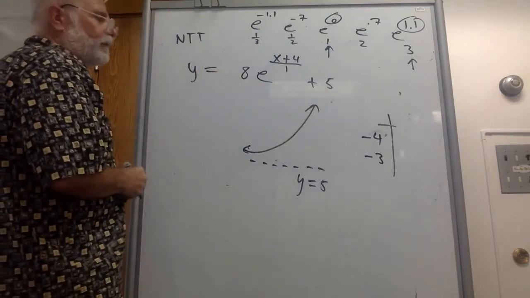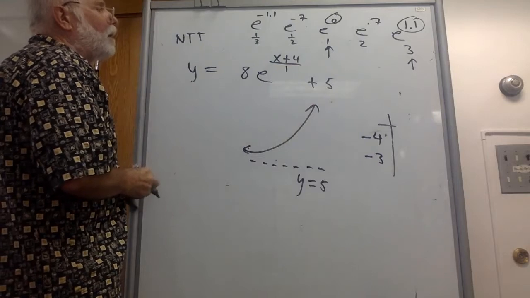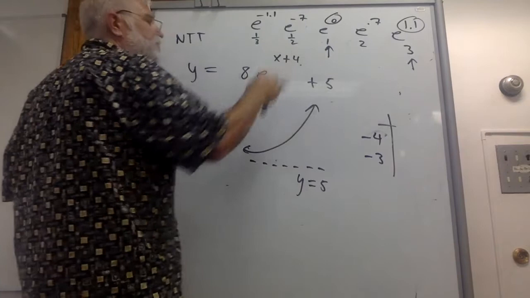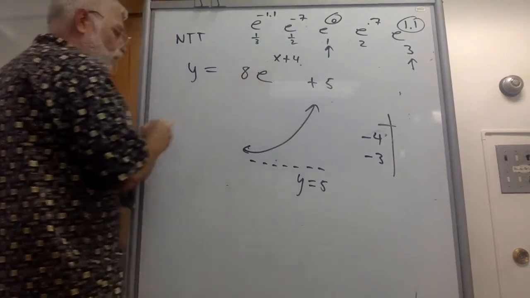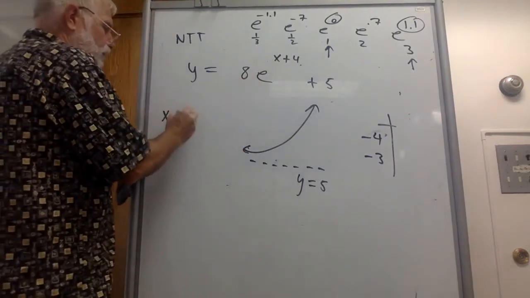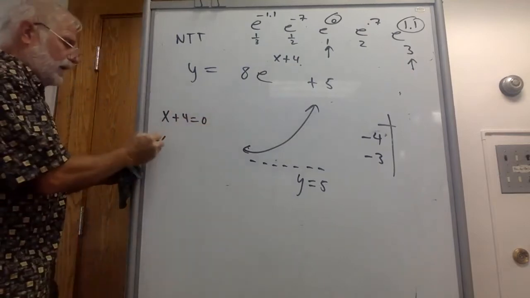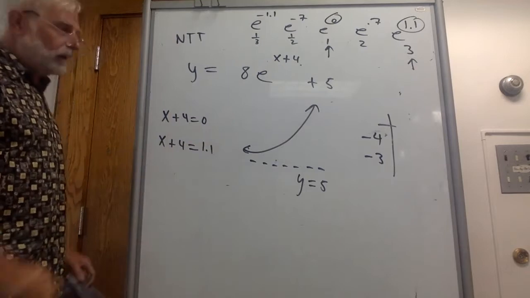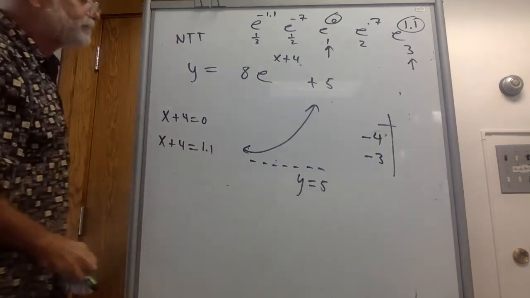All right. No. I'm so used to doing those other exponentials with you. I want x plus 4 to equal 0, and I want x plus 4 to equal 1.1. Okay, so that's my fault.